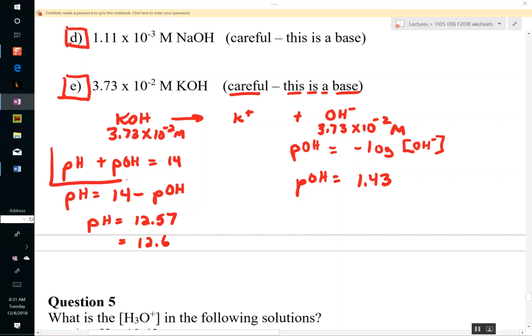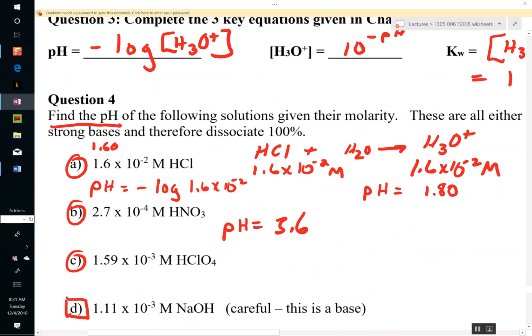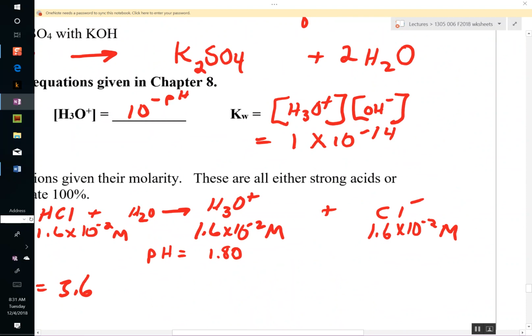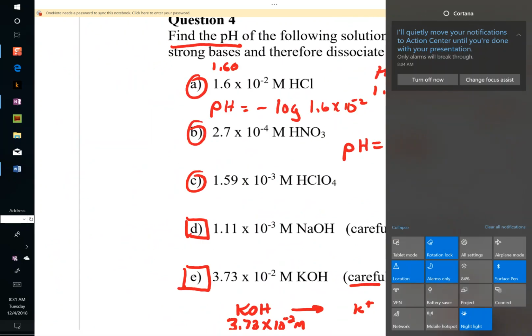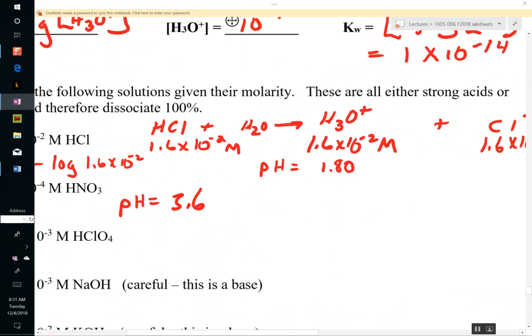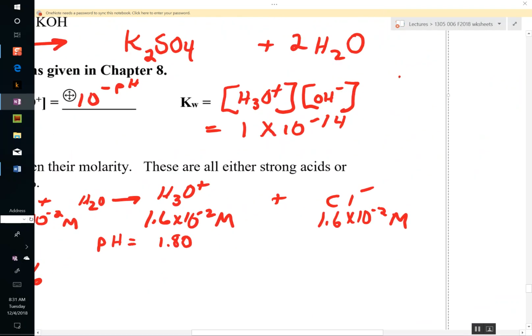We may have just mentioned that last Thursday. This is coming right out of this equation right here: Kw is the hydronium ion concentration times the hydroxide ion concentration, which equals 10 to the minus 14th.